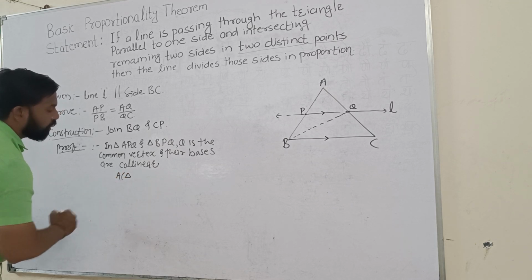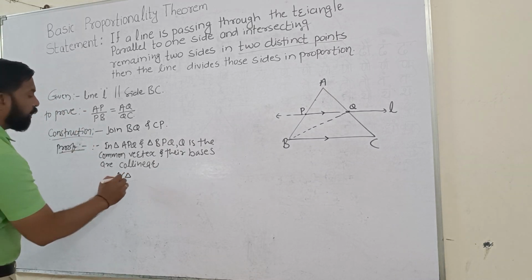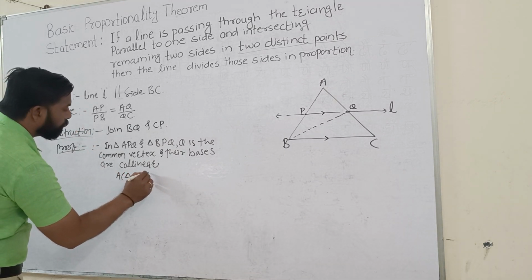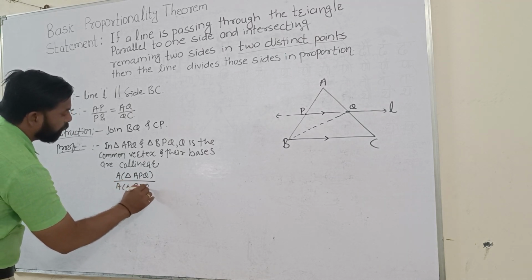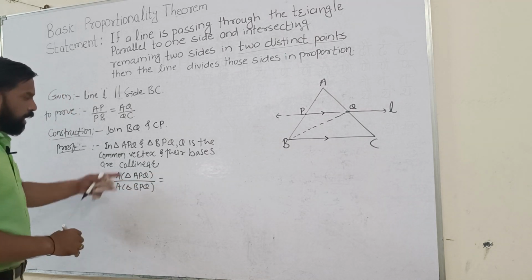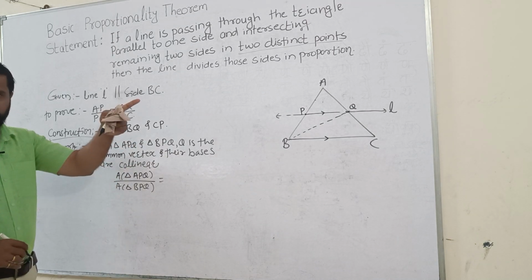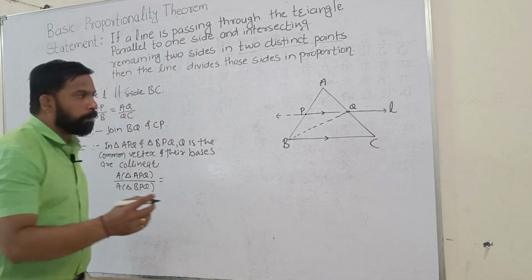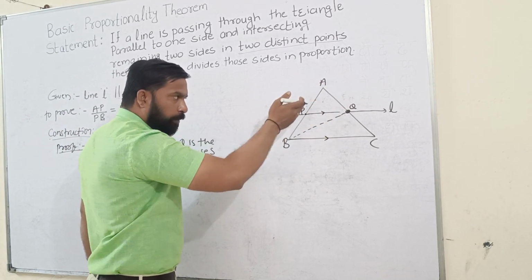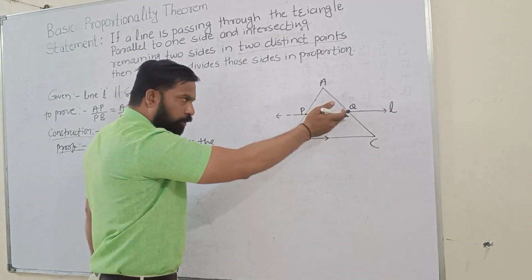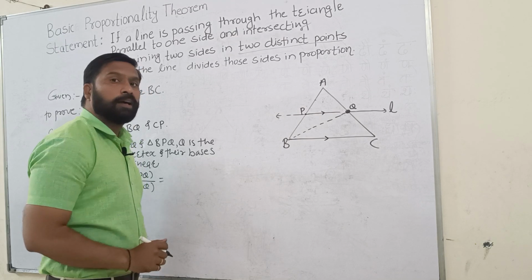Then directly, what can I write? Ratio of their areas, area of triangle APQ by area of triangle BPQ. As per this statement, their heights are equal. Then what is the base as per the common vertex Q? As per Q, AP is one base. As per Q, BP is the other base.